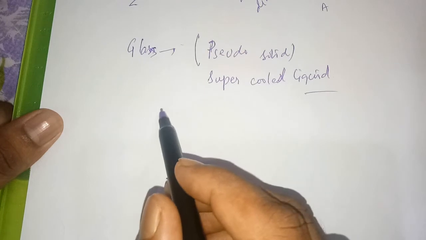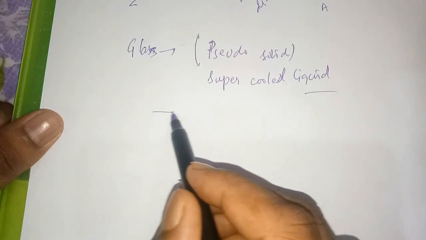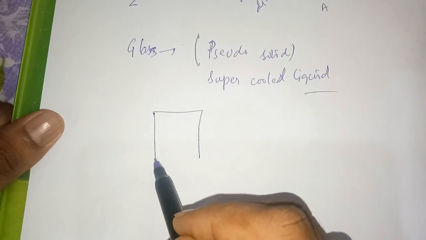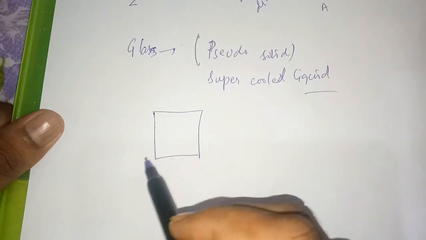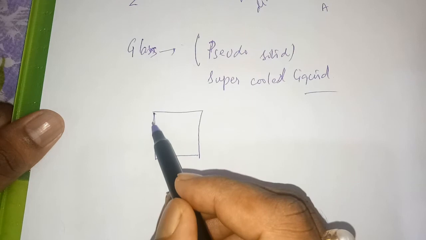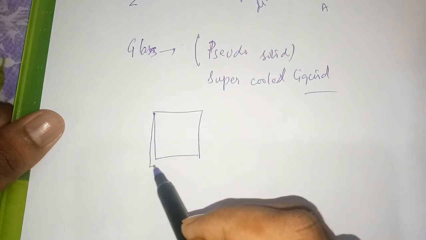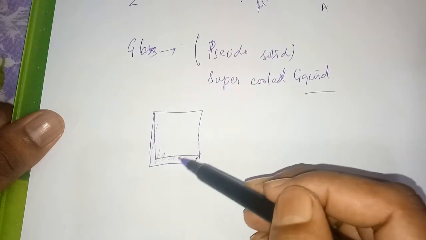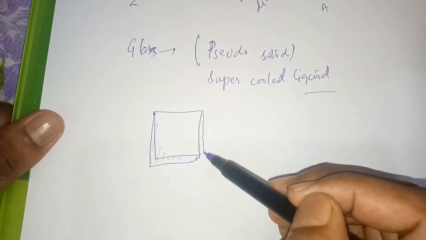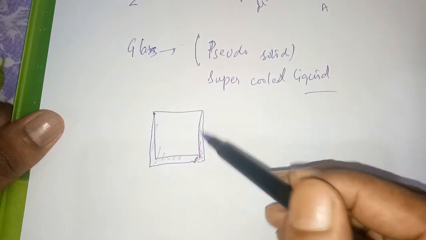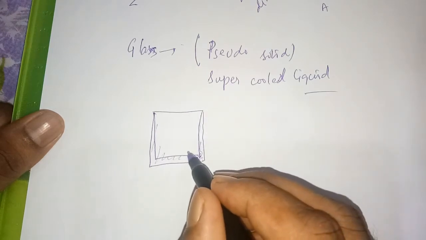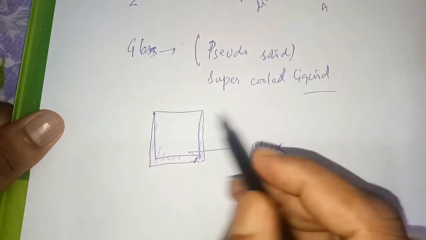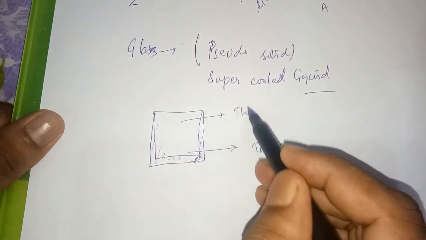So why do we have to comment on glass like that? It is because in the glass panes of old monuments, if you go through them, you will see that the bottom of the pane becomes a little bit thicker. So this portion, the bottom, becomes thick and the upper part becomes thin.